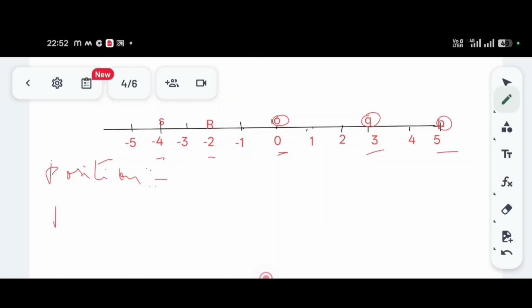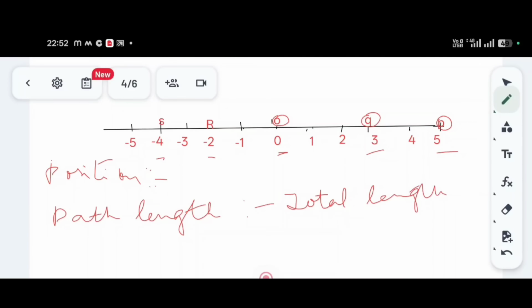Then what is path length? Path length is the total length traveled by the body. If the body moves from O to Q, that is 3 meters, supposing it is measured in meters.